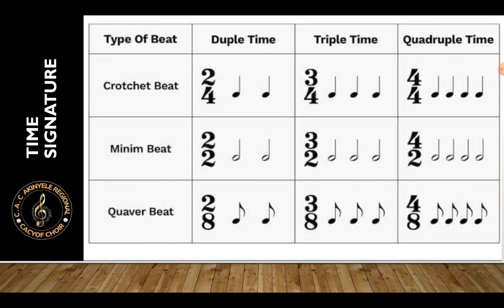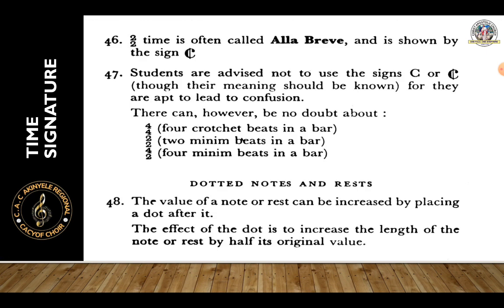So 2 minims in a bar, 3 minims in a bar, 4 minims in a bar when you have 2 under, and when you have 8 under, you have 2 quavers in a bar, 3 quavers in a bar, 4 quavers in a bar. So these are very, very important to also know.